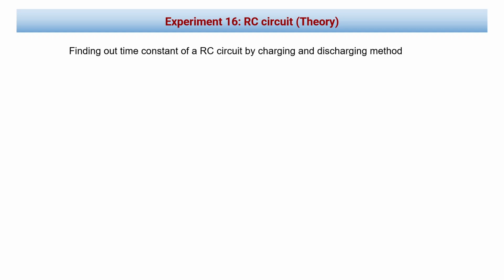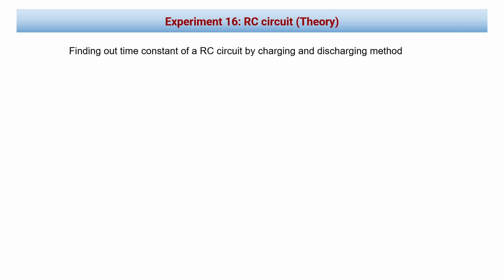The experiment related to this concept performed in the lecture had the aim of finding the time constant of a series RC circuit by the charging and discharging method. First let's again understand the theory of an RC circuit.